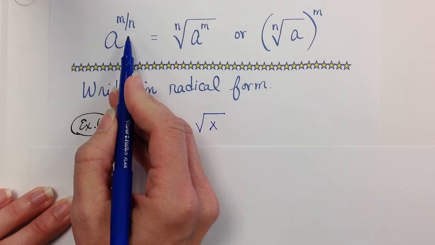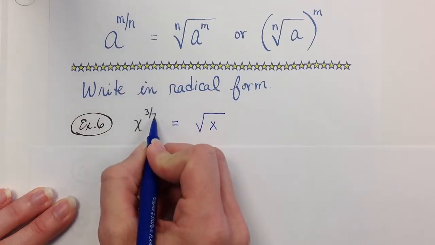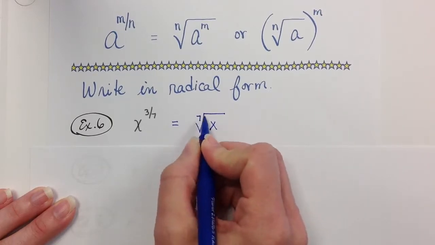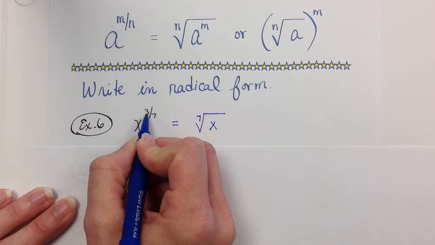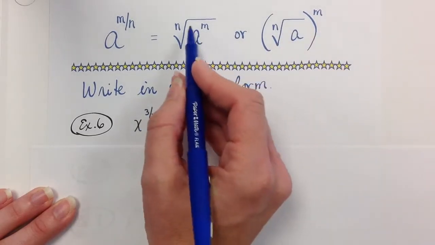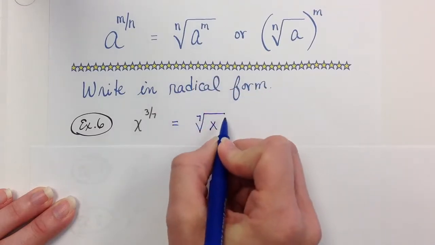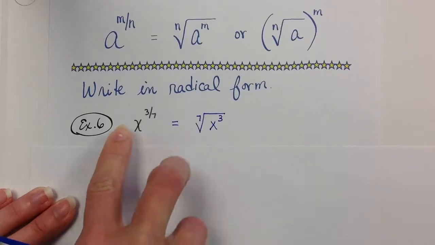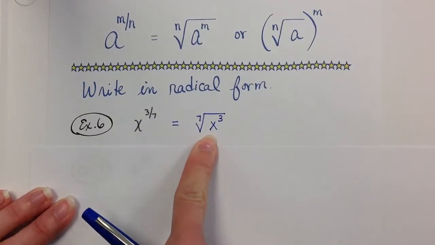Okay, so what we had just learned up here is the bottom number of this fraction, your denominator, is going to tell you your root, so that would be used as your index. The top number is an exponent. Of course, again, there's two ways that you can write it. I'm going to write it this way, so that means that I would put my 3 under there. So these would be equivalent forms. This one's exponential, this one's radical.